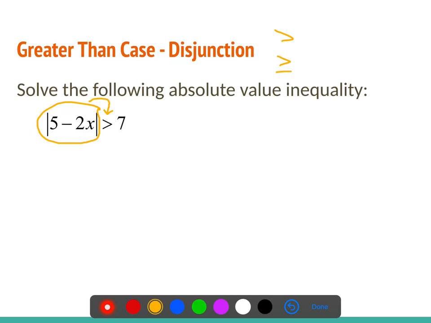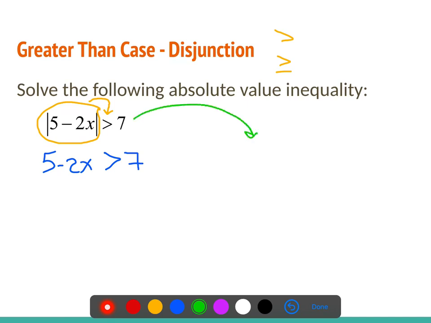Now this one, you do not sandwich. This one makes you kind of pop it apart into 2 different inequalities. So the first one is what's inside is greater than what's outside. Well, that makes sense. That's what it looks like.